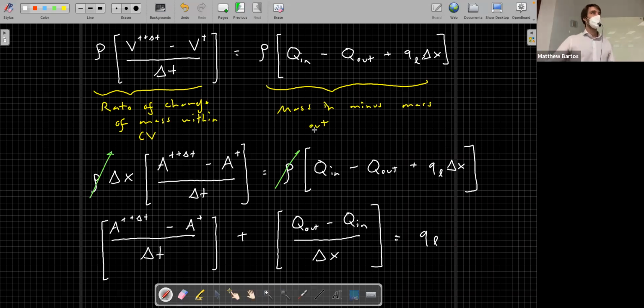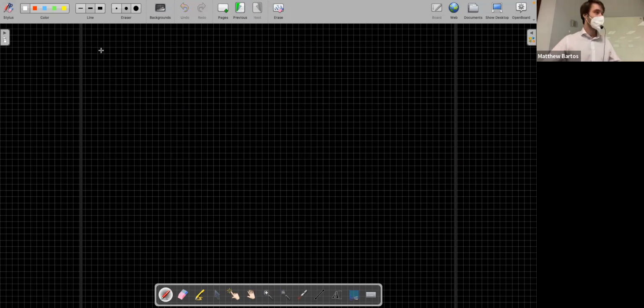Okay, so as we take the limit of this equation, as the time step becomes very small and as the spatial step becomes very small, what we end up with is the following partial differential equation. What we end up with is the continuity equation. This is how you'll see it expressed.